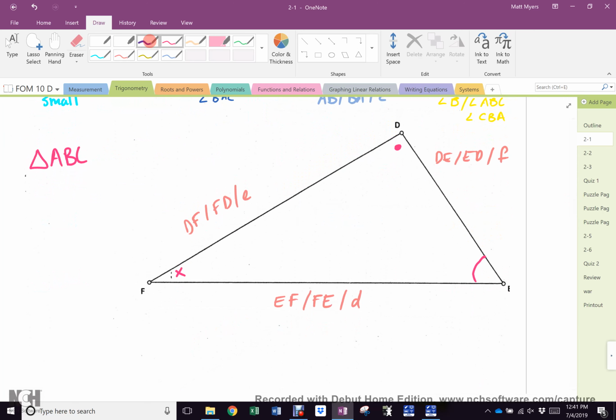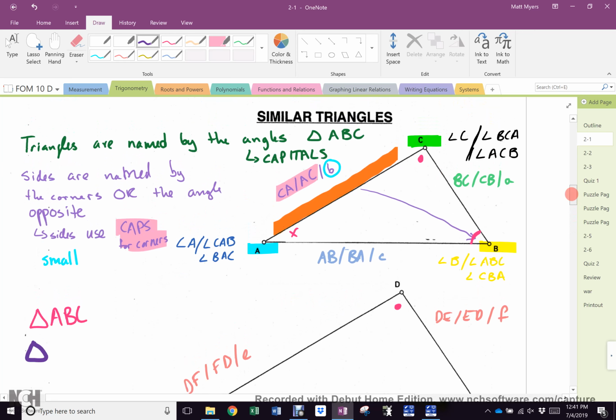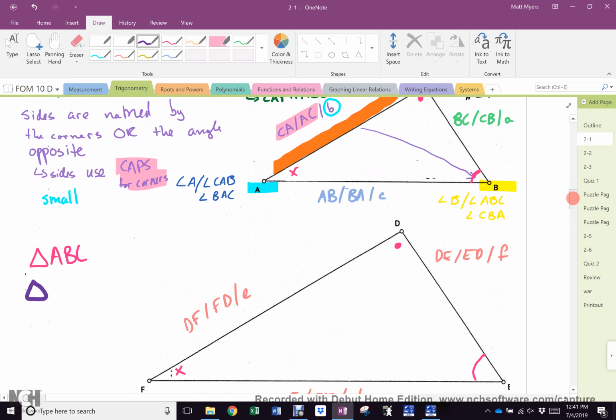So, if this triangle, the top one, is named triangle ABC, what is the name of the bottom triangle? FDE, DEF. Any other guesses? I'll tell you now, you don't have it yet.